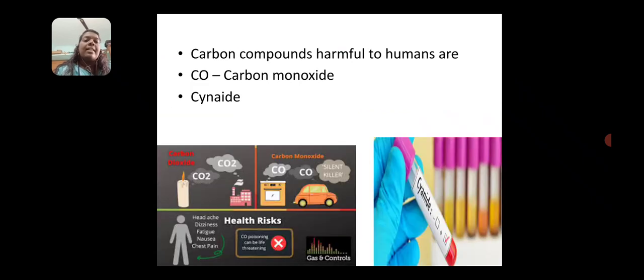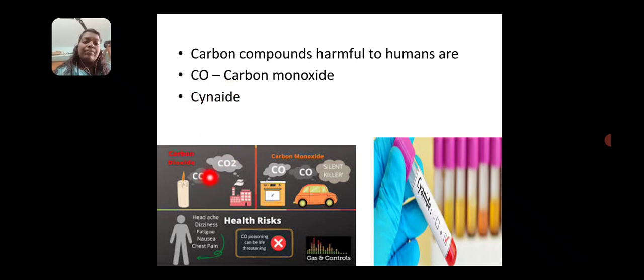At the same time, some carbon compounds are very harmful to humans. One carbon compound very harmful to humans is carbon monoxide. We already discussed carbon monoxide in the oxidation reaction. It is very harmful to humans. Cyanide is also very harmful.